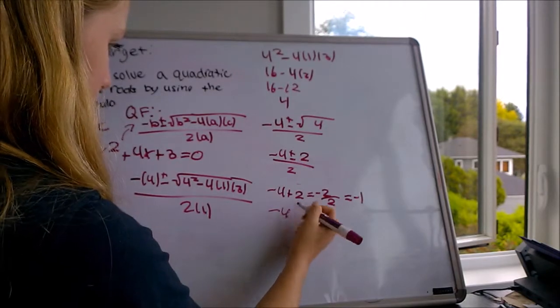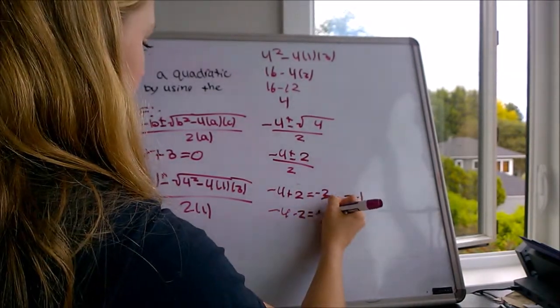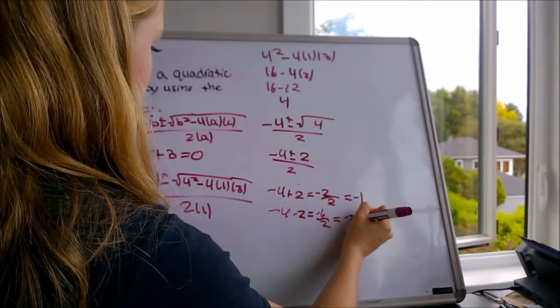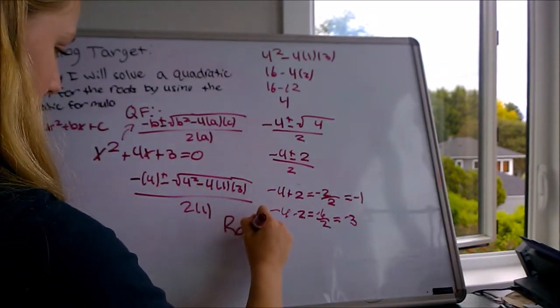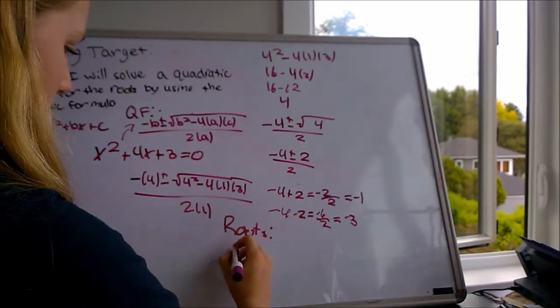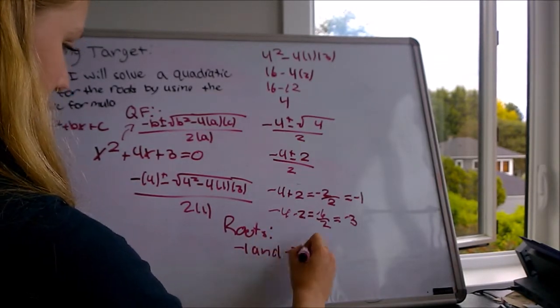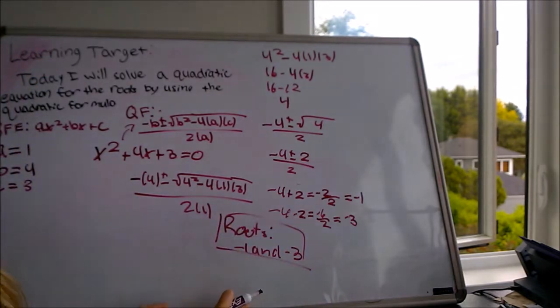Negative 4 minus 2 equals negative 6 over 2 equals negative 3. So our roots are negative 1 and negative 3. That is the final answer for this.